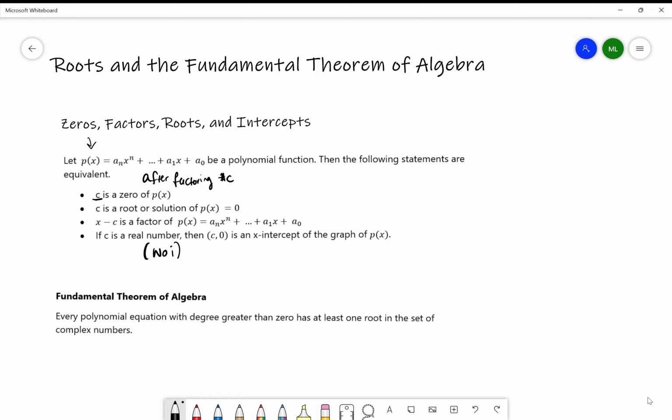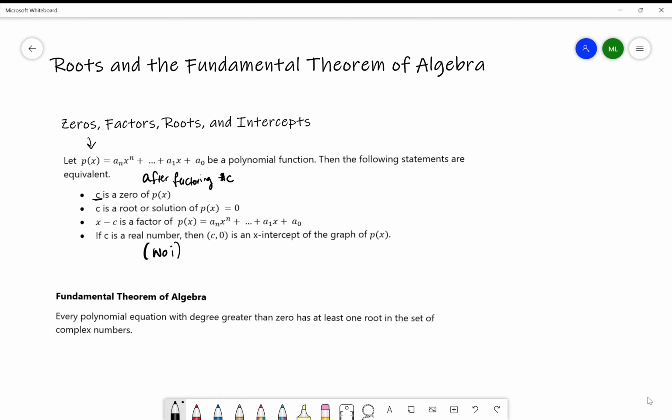Now, if you have x minus c, remember the binomial? The binomial is also a factor of this polynomial right here. So whenever you set it equal to 0, you can get the number itself, c, is a 0. c is a root or solution, or if it's a real number, it's an x-intercept.